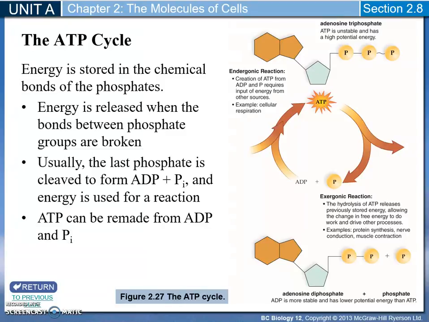So ATP can be remade from ADP and a phosphate, which then allows for further energy to be used by the cell. So this is just very briefly on the ATP cycle, and we will be looking at that further later in the course.